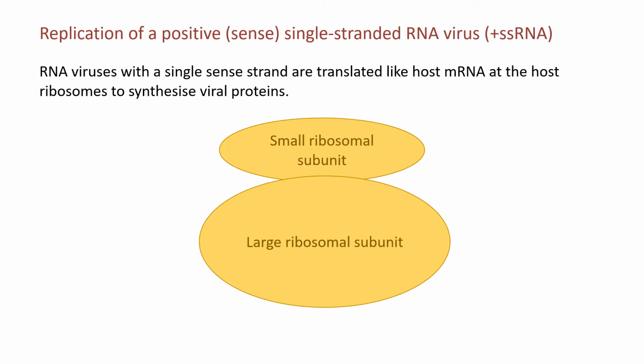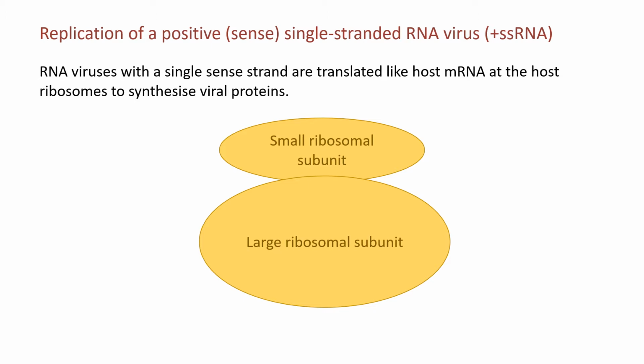So this is often referred to as a positive strand because it's the sense strand, the antisense strand being the negative strand. So this is a positive or sense single-stranded RNA virus. And sometimes you may see it written with a little plus, ss, and then RNA.